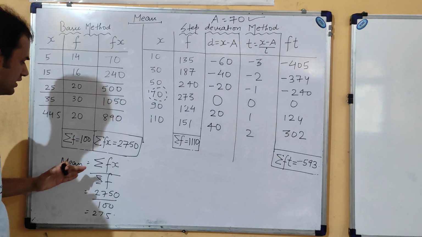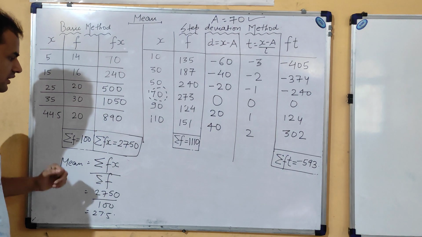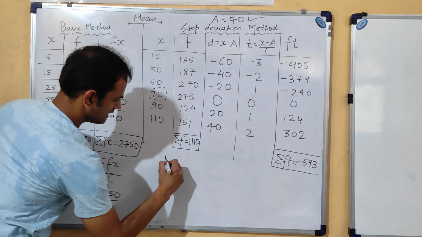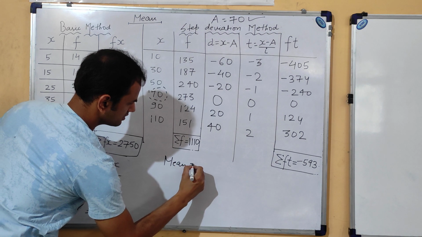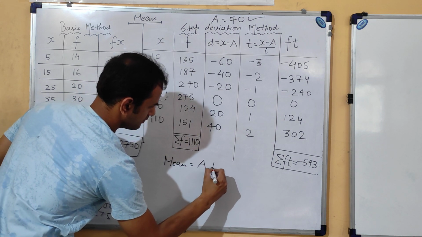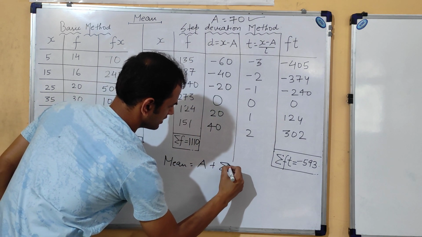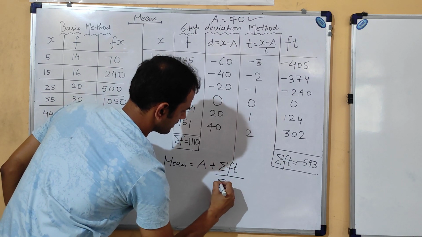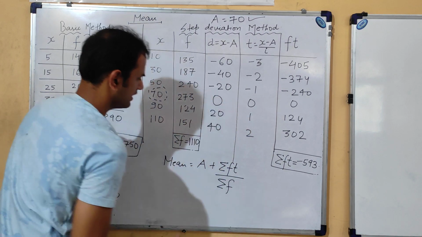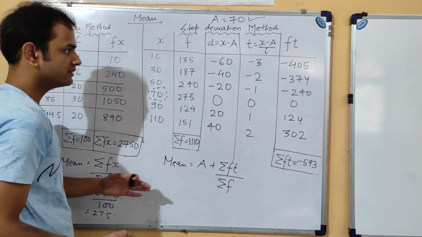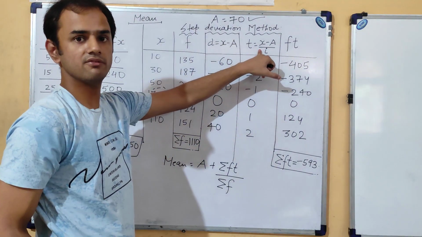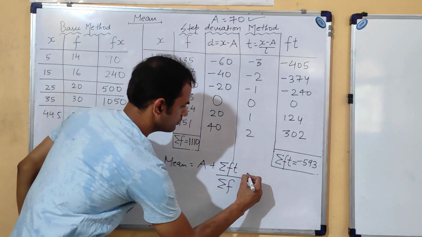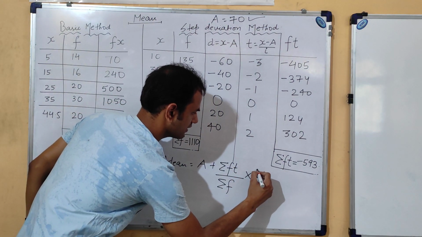Now, how to calculate the mean by the step deviation method? Earlier we used summation of fx by summation of f. Here there is a slight change in the formula: mean becomes a plus sigma ft, this table, by sigma f, right? That is basically this table. And since we have a factor i which we have considered, you have to multiply this thing by i.